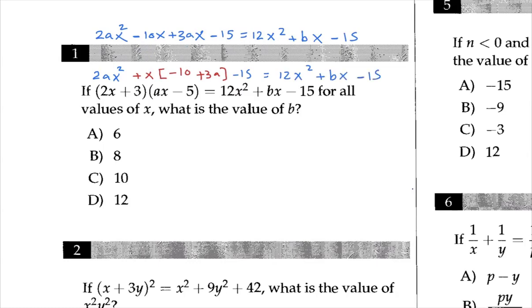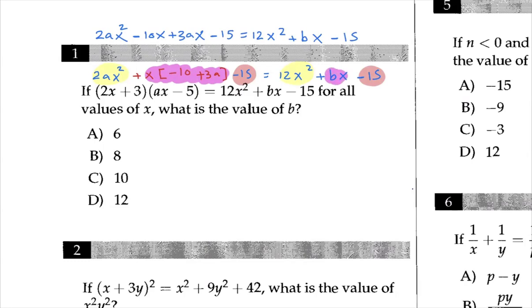Now we can match the coefficients by comparison of the two sides. Here 2ax squared will be equal to 12x squared, and as you see here we have negative 15, and the middle term, which is x times negative 10 plus 3a, and the middle term here is bx.